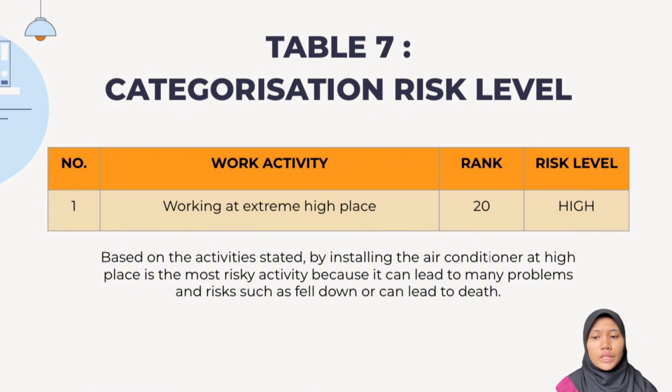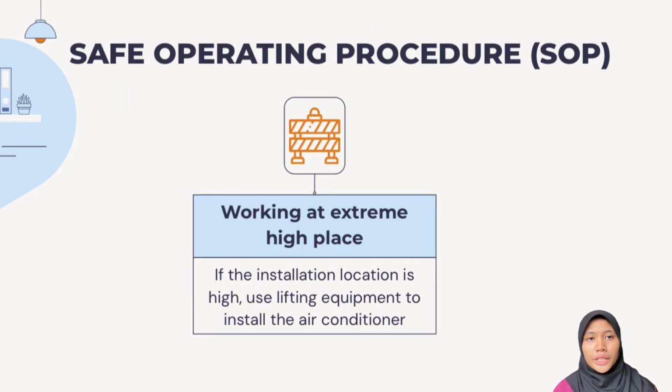Based on the activities that we choose, installing the air conditioner at high place is the most risky activity because it can lead to many problems and risks such as falling down or can lead to death. For the safe operating procedure, which is SOP, for working at extreme high place, if the installation location is high, we must use lifting equipment to install the air conditioner.